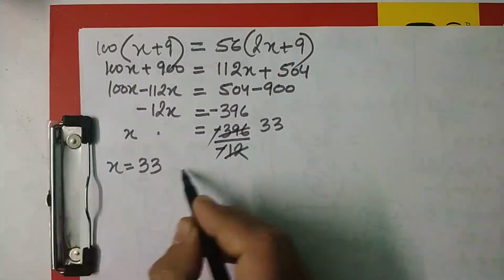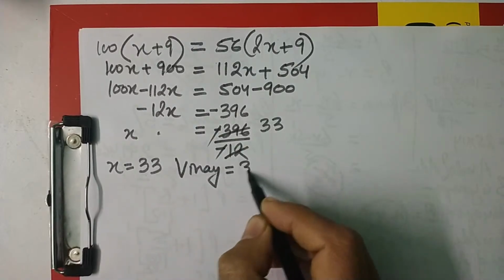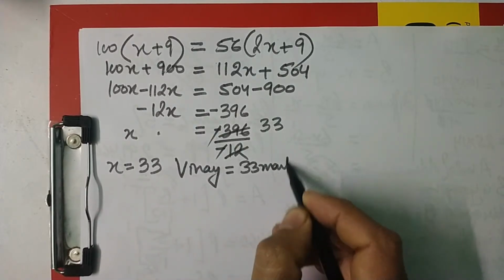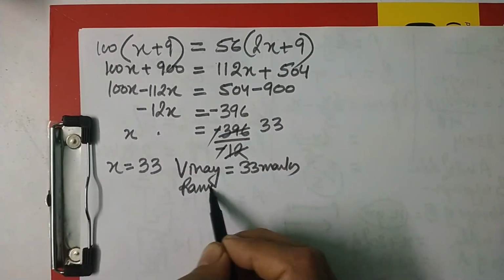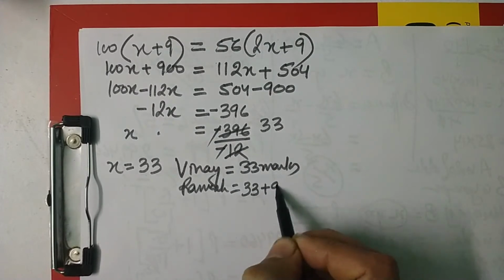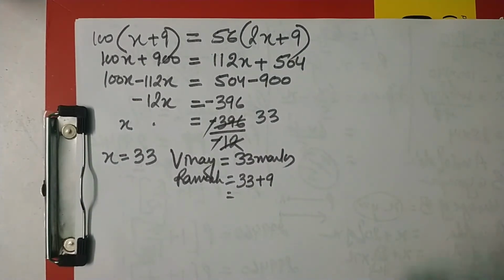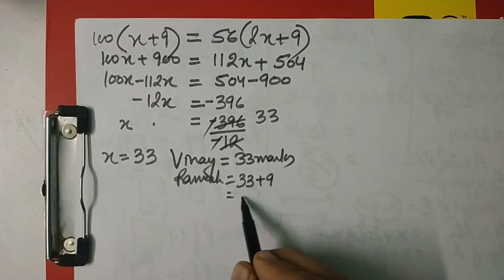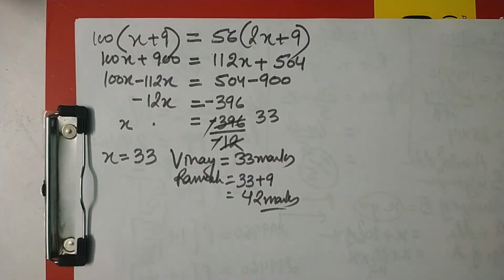So you have got the marks of Vinay. Vinay is 33 marks because it was x, and Ramesh is x plus 9. So 33 plus 9, which becomes the marks of the second person. How much? 42 marks. We have got both the marks.